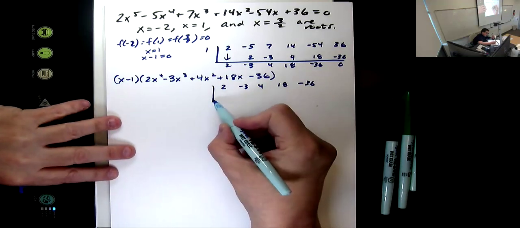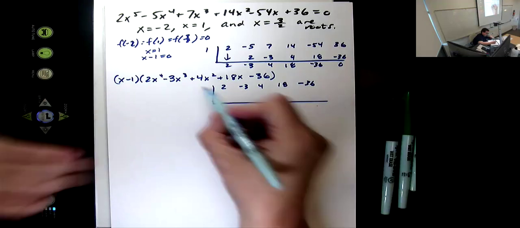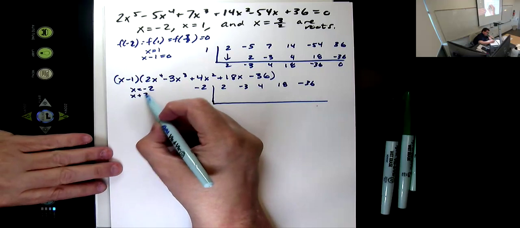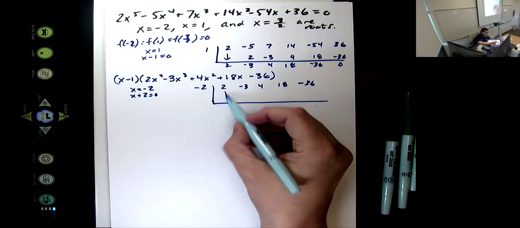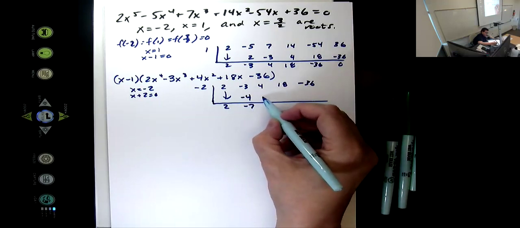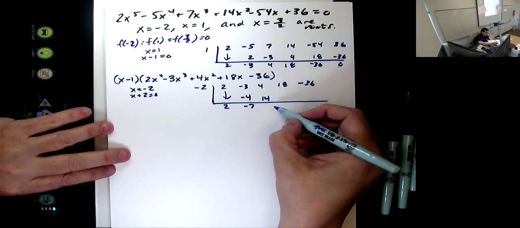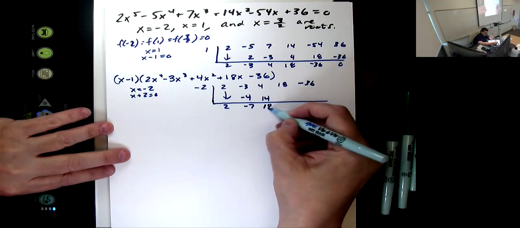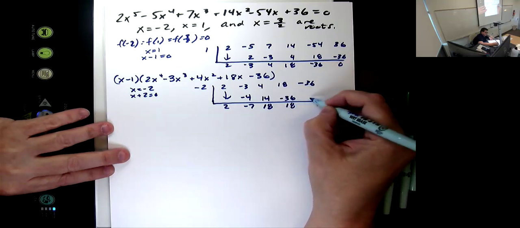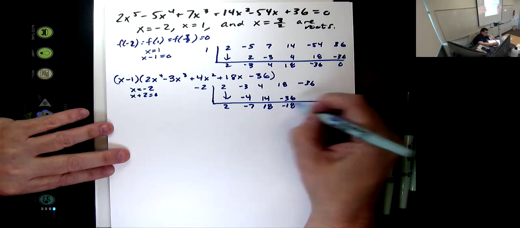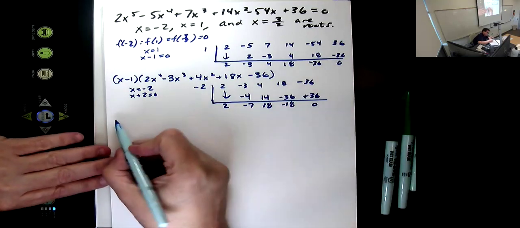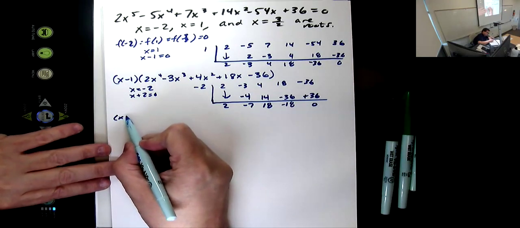And I'm gonna go with -2. So x equals -2 is like x plus 2 equals 0. So this would be x minus 1.